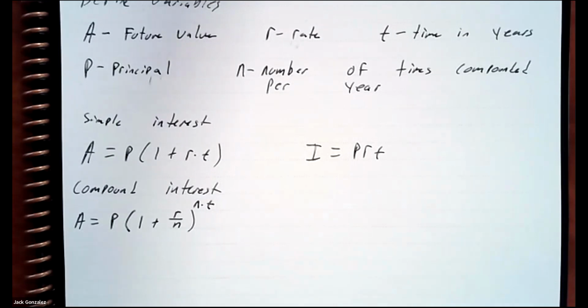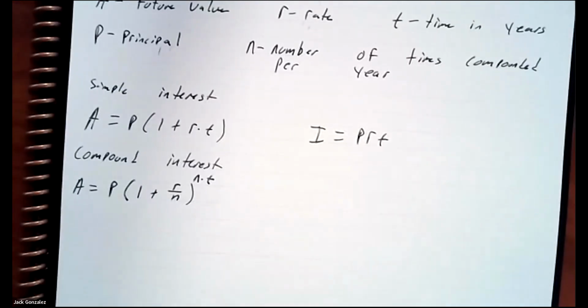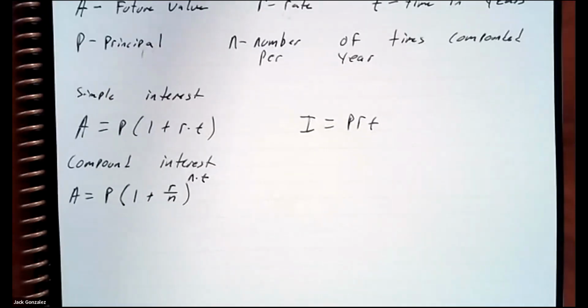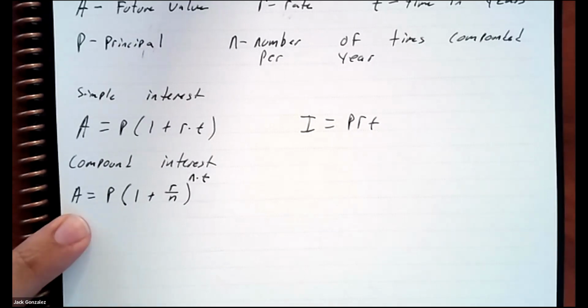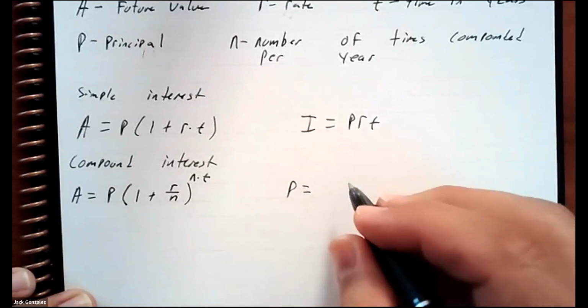So when you compound the interest, they have to tell you how many times per year. So if they say monthly compounding or yearly, then n will be 12 or 1 or whatever. Okay. You could technically solve for P to create another formula.